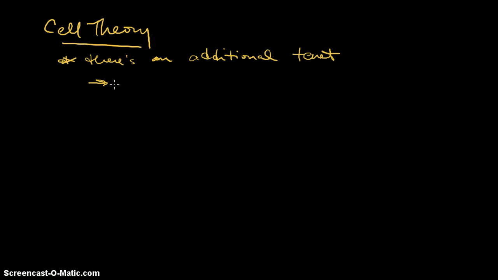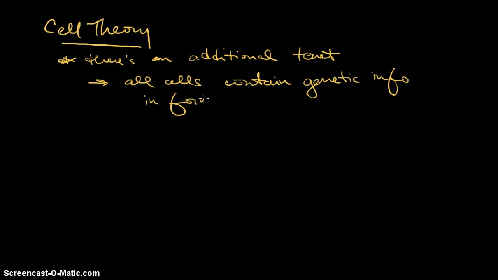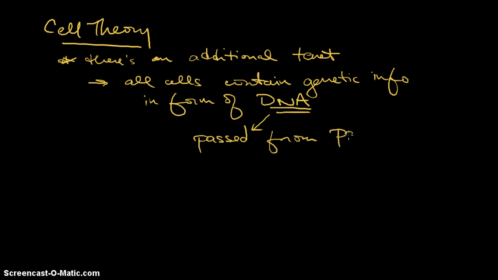And that additional tenet is that all cells contain genetic material or information in the form of that all-important molecule DNA. Now remember that DNA gets passed from parent to daughter cell.